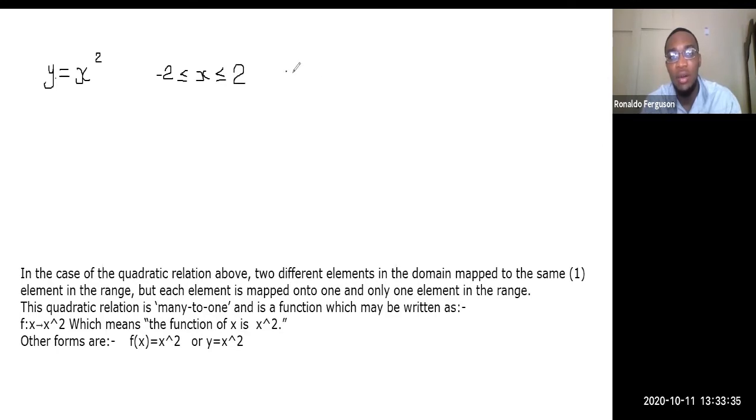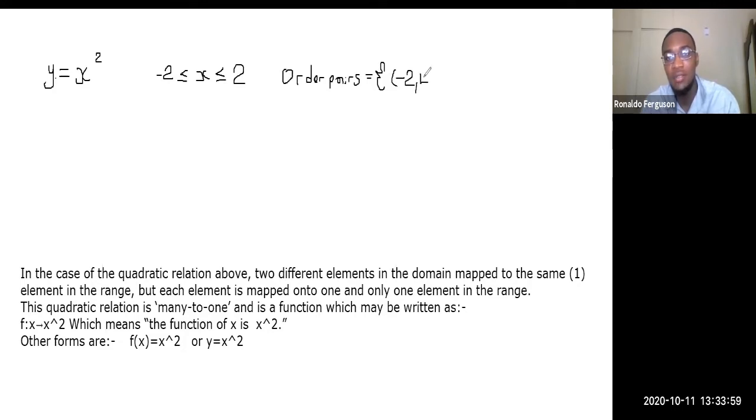And so if I were to write down the ordered pairs, this is the set that I would get. The first one, when x is -2, we square -2 and we get 4.